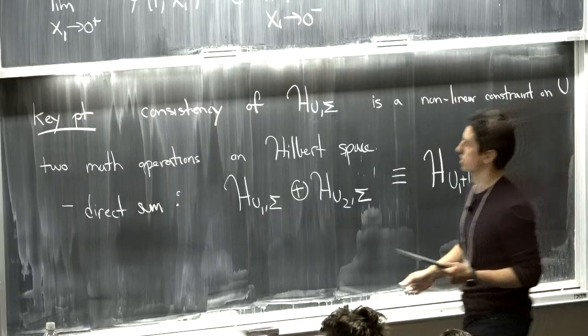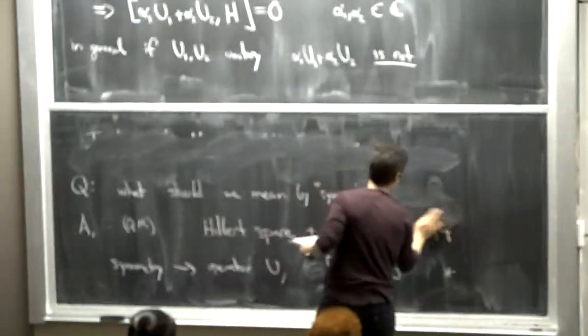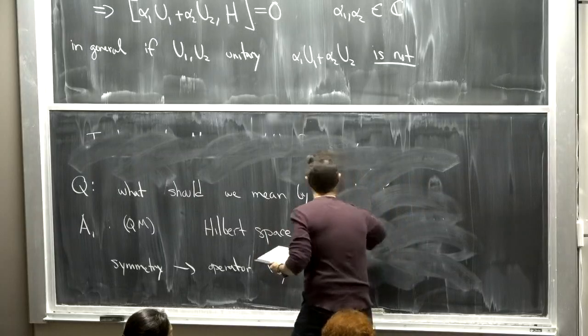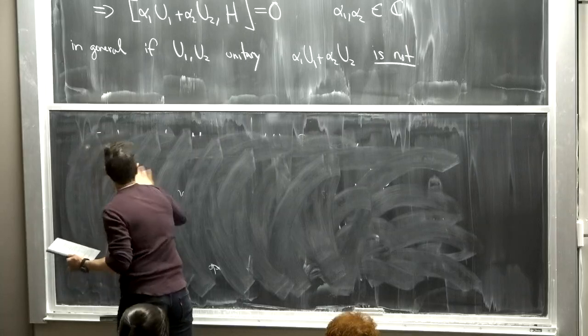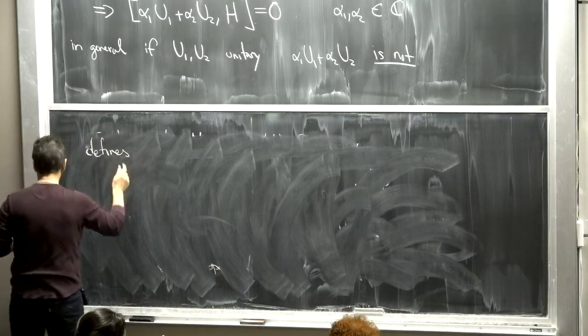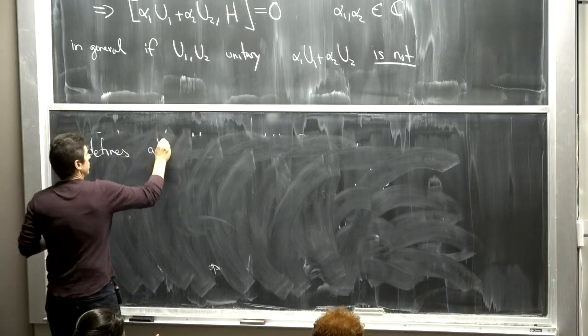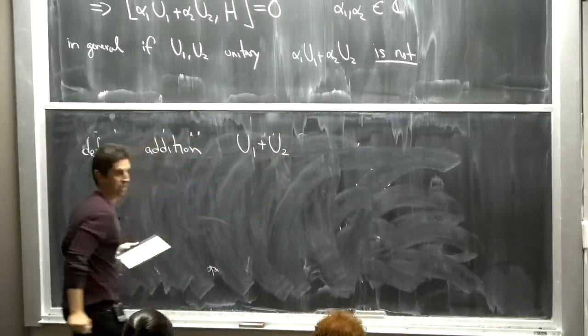So this defines our addition operation on defects. So U1 plus U2 makes sense.